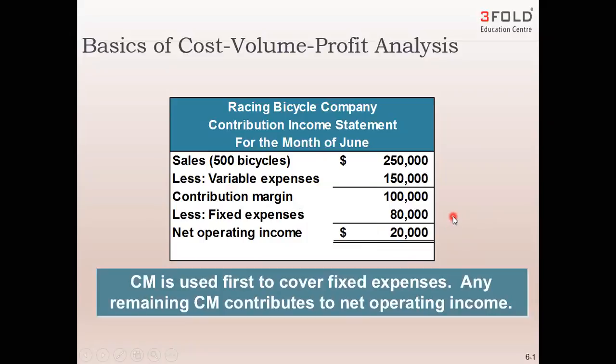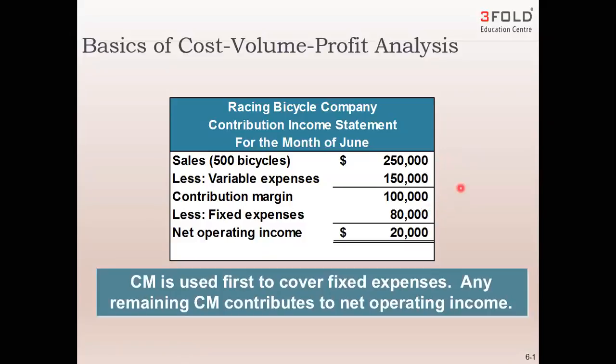So fixed expenses are typically all those expenses which take place regardless of whether you manufacture one unit and sell one unit or not. So for instance, in this case, even if you don't sell any bicycles, or if you sell maybe 1,000 bicycles, then you will still have some fixed expenses which stay the same.